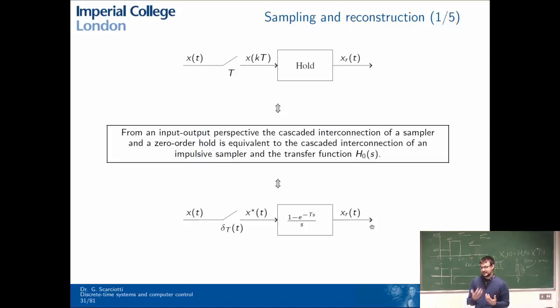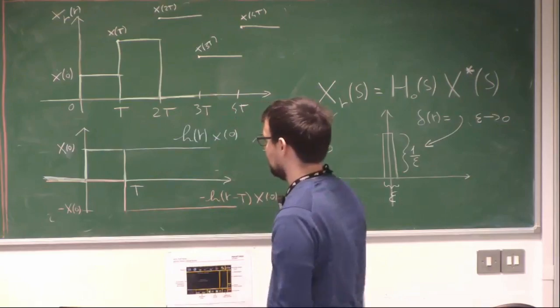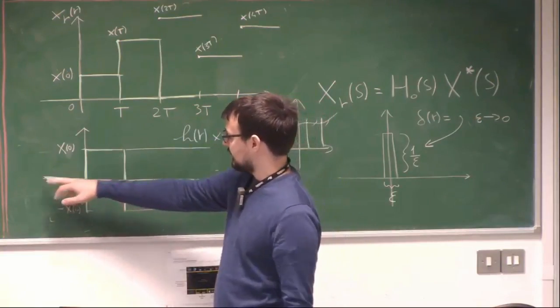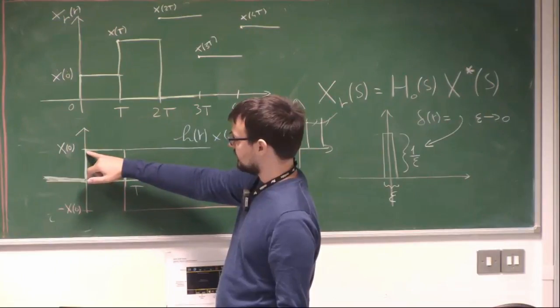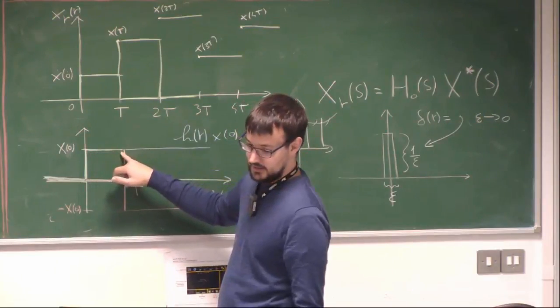So the next step, you can imagine, will be to go from the Laplace domain to the Z domain. At that point, we have solved our problem of having a mathematical discrete time description of this interconnection. I want to point out that the whole device is a device that keeps the signal constant up to the next sampling time, okay?